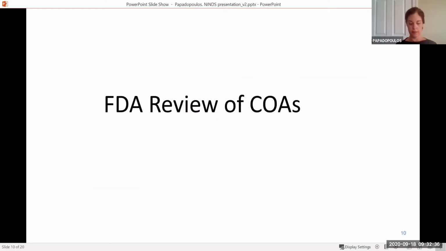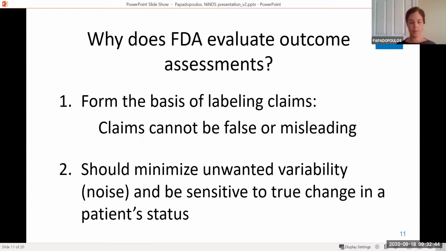Now that we've discussed the important role of COAs, let's talk about the FDA review of COAs. Why is it important for FDA to evaluate our outcome assessments? And this really stems from our drug regulations, which highlight the need for well-defined and reliable assessment methods.